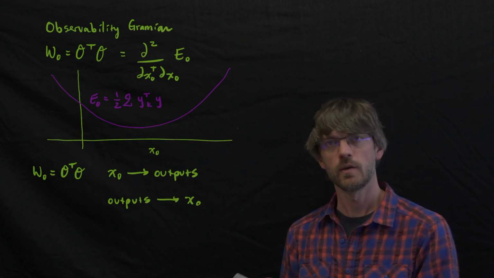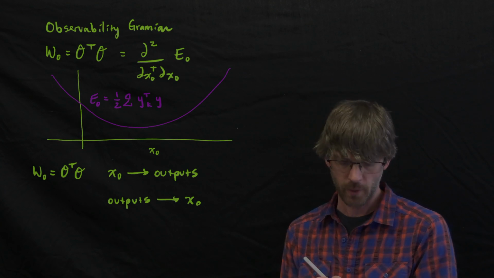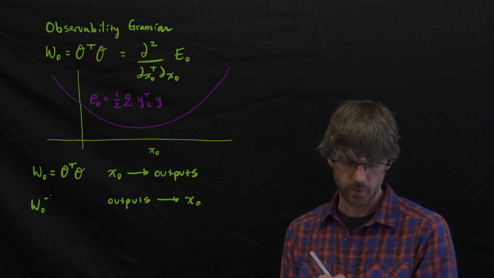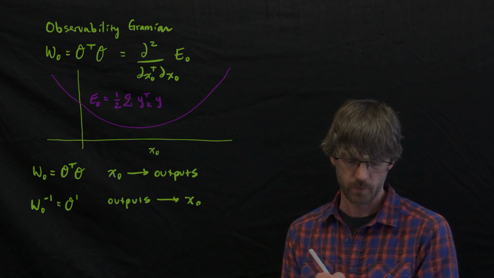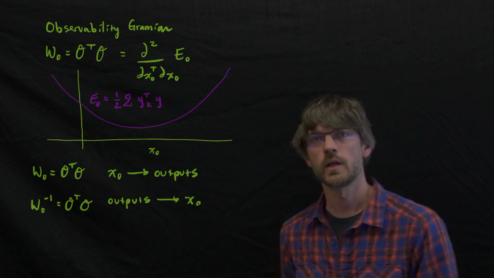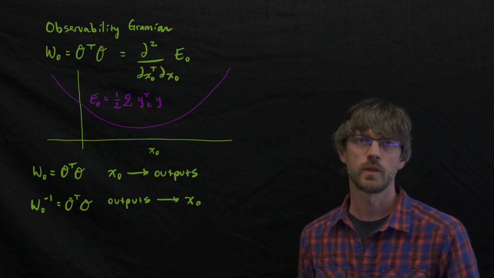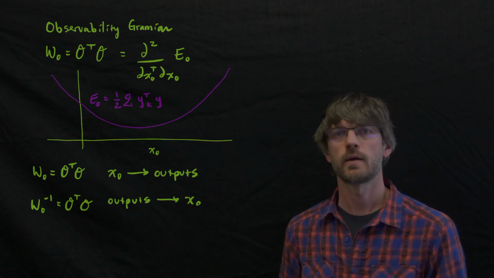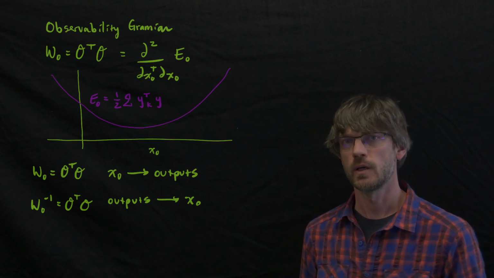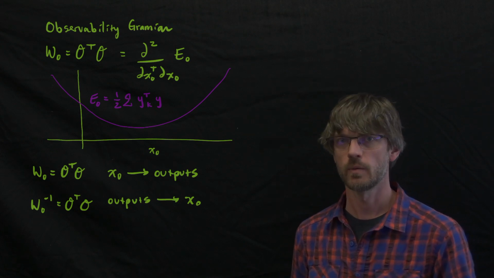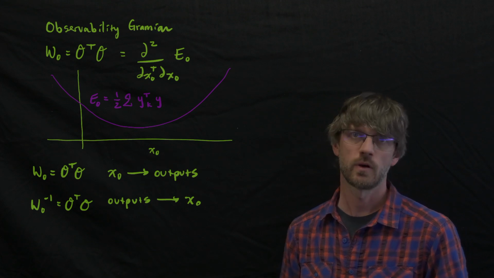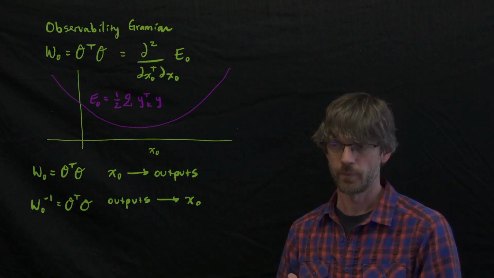And intuitively, and indeed mathematically, the way you can do that is look at the inverse of the observability Gramian. So nearly all of the interpretations of the observability Gramian that we'll do actually come back to trying to understand how feasible it is to invert the observability Gramian and what the values are when you do that.